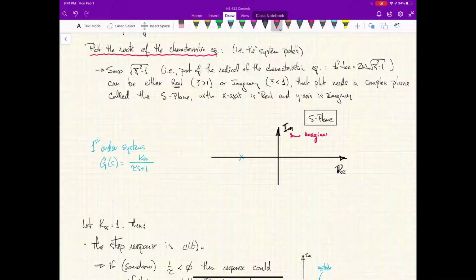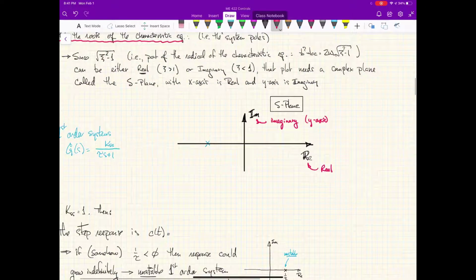Imaginary is denoted by IM. That's my y-axis. Similarly, the real axis, which is denoted with a funny double-legged R, that's my x-axis. So my poles represent a couple on that particular plane, on that S-plane.